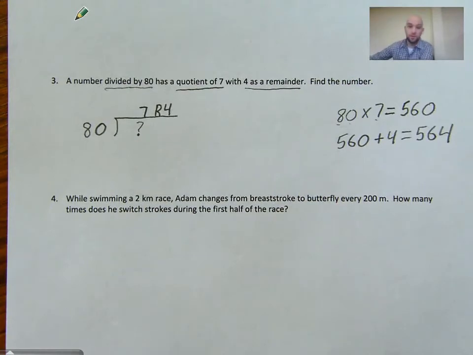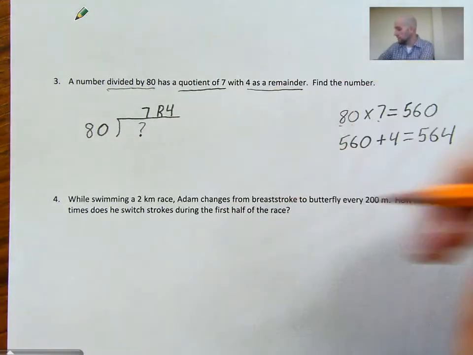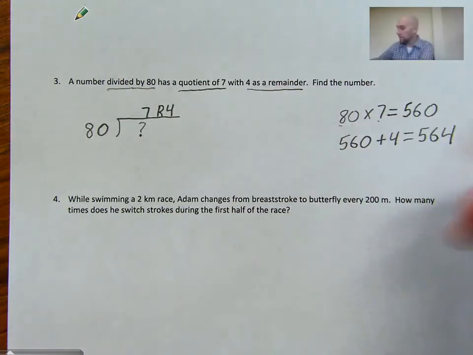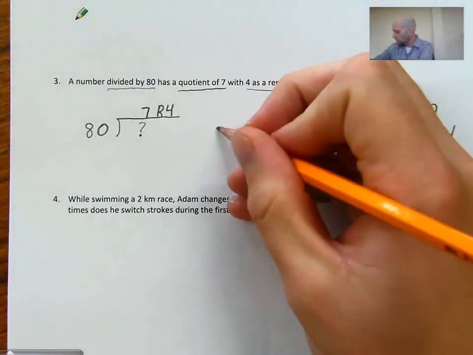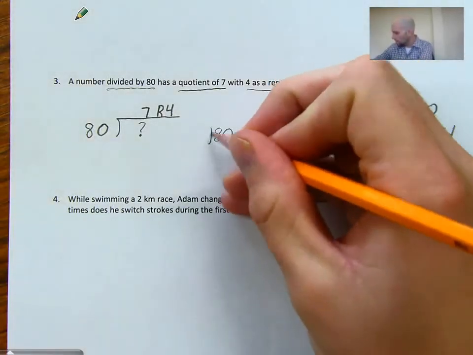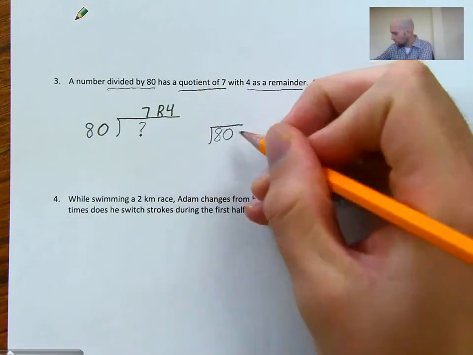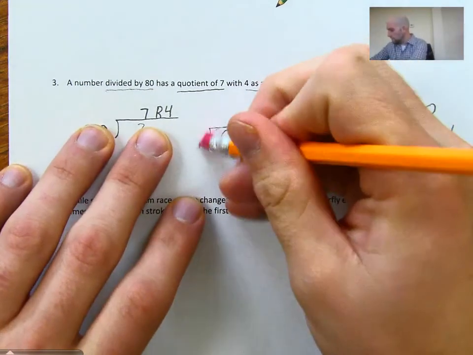Now I can check to make sure that I'm correct by now dividing rather than multiplying, because division is the inverse of multiplication. So I can do 80. Oh, see what I did there?